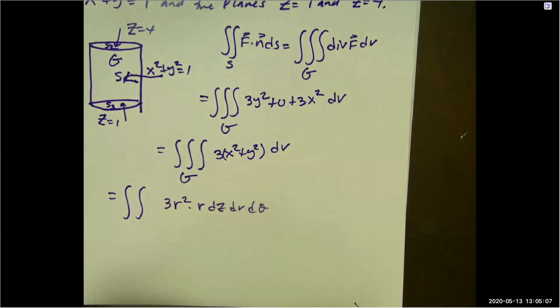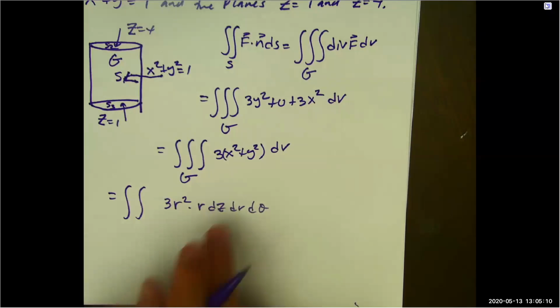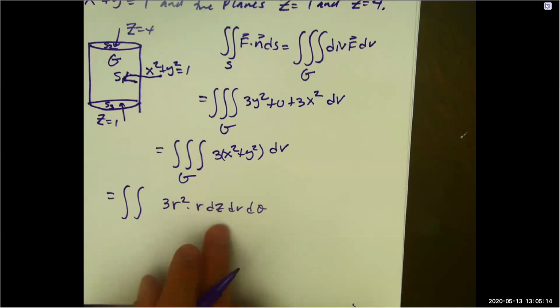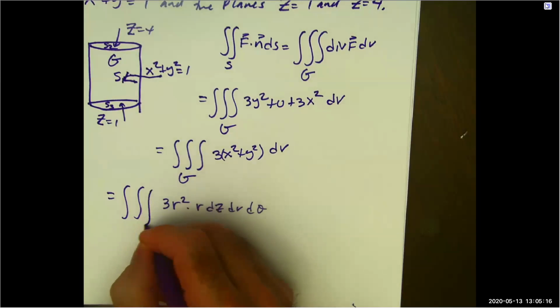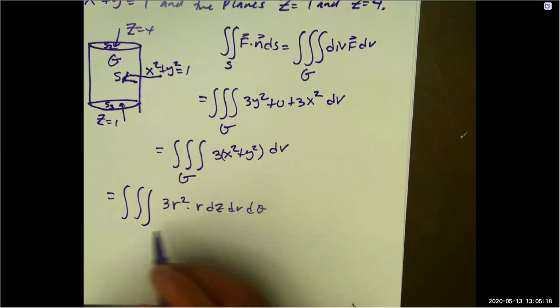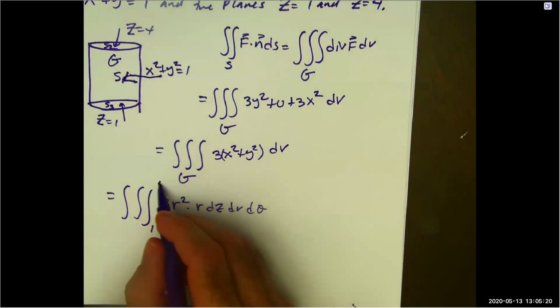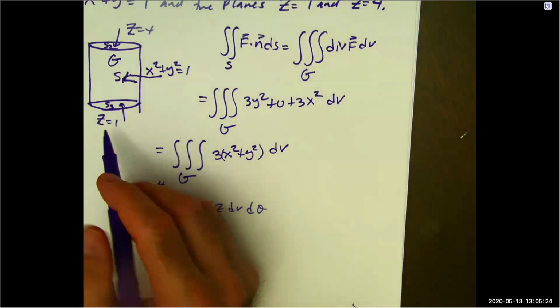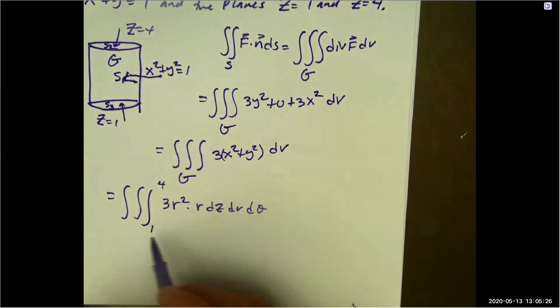Remember, cylindrical is kind of like polar, only you're letting the z just be z, and then everything else is like polar. And so the z is going to go from 1 up to 4. And then it's a unit disk down here, so we're integrating over a unit disk.